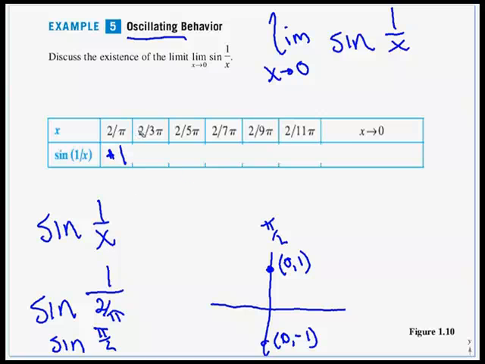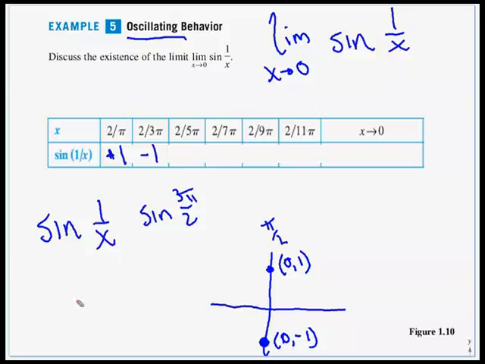And when we plug in 2 divided by 3 pi, we invert and multiply, so that's the same as the sine of 3/2 pi. And the sine of 3/2 pi would be down here, negative 1.